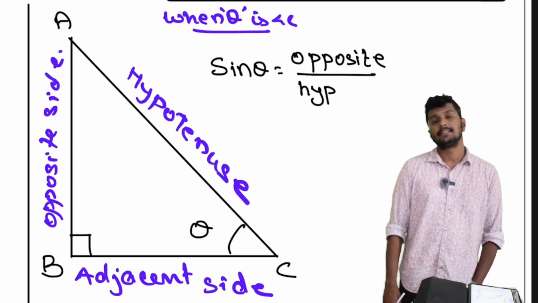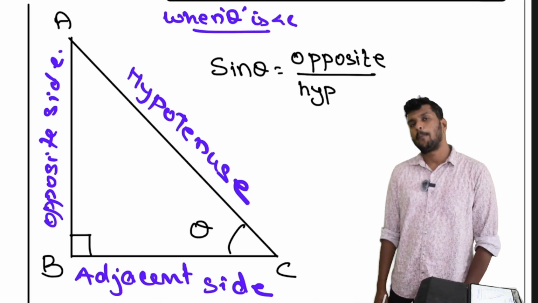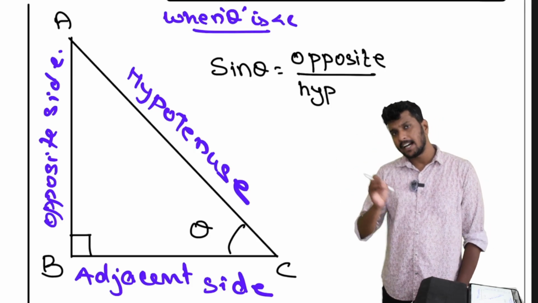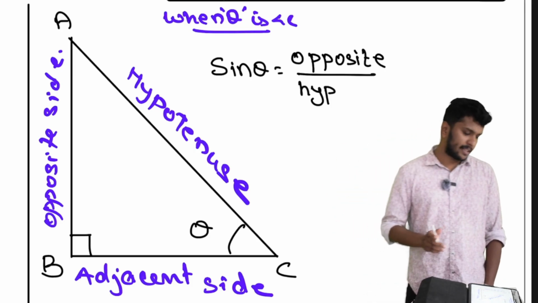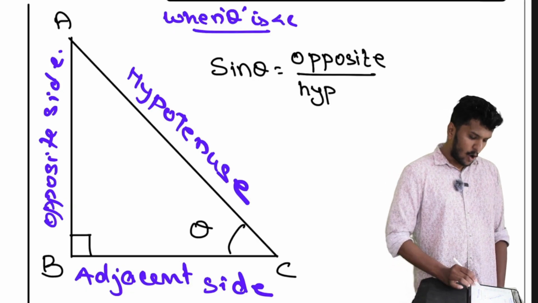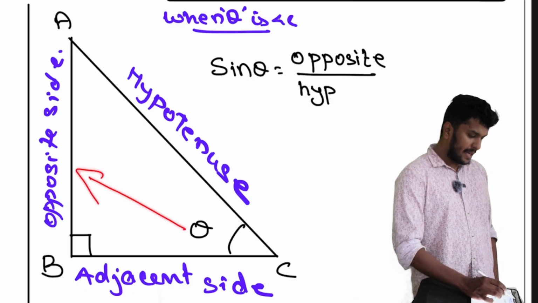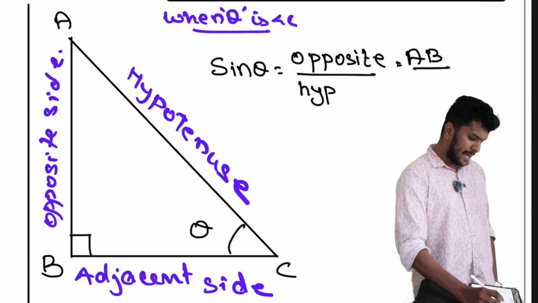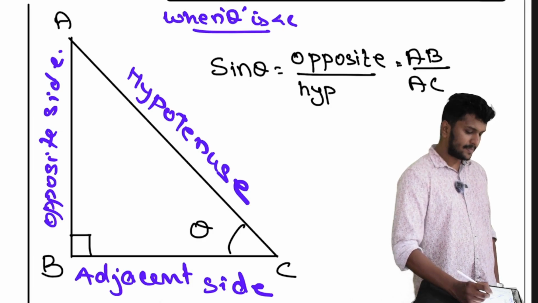Always keep in mind, sin theta is the opposite side of angle theta, which you have to take as the numerator. So opposite of theta is AB. You can write AB by hypotenuse, which is AC.